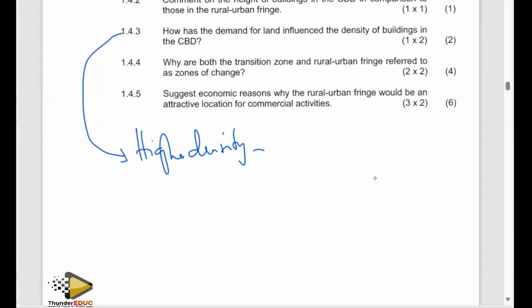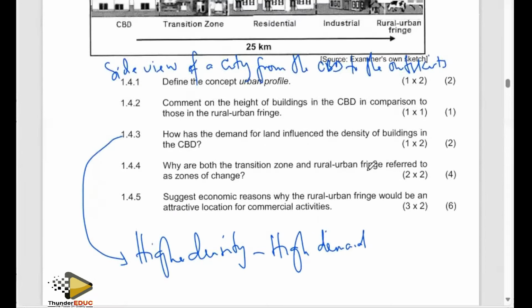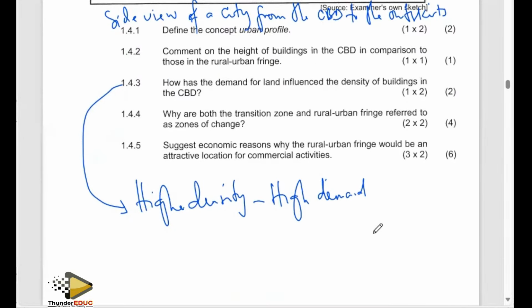Why are they close? There's no more space. There's high demand for land. So the buildings have high density in the CBD. Why? The demand for land has caused the density to be high. There is high demand for land in the CBD, which contributes to the buildings having a higher density.